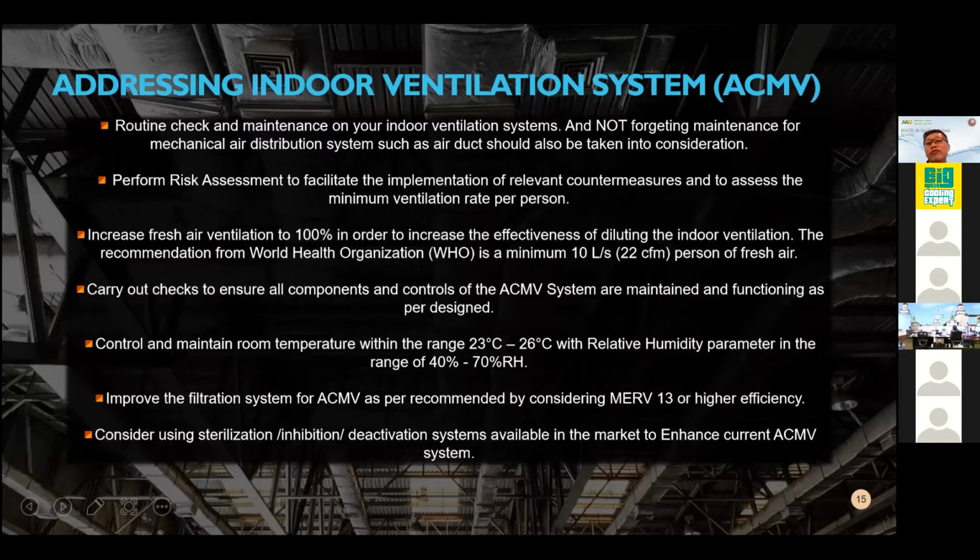So I just put it at a round figure of 22 CFM per person of fresh air. As Encik Mazlan did share the X-ray guideline just now, that one is an old one. If you follow the pandemic guideline, they have already increased to a higher rate. If not mistaken, X-ray recommends 35 CFM per person, even higher.